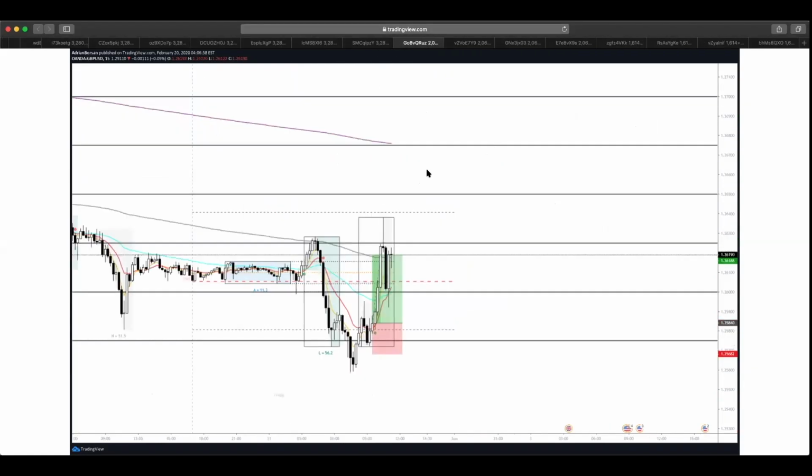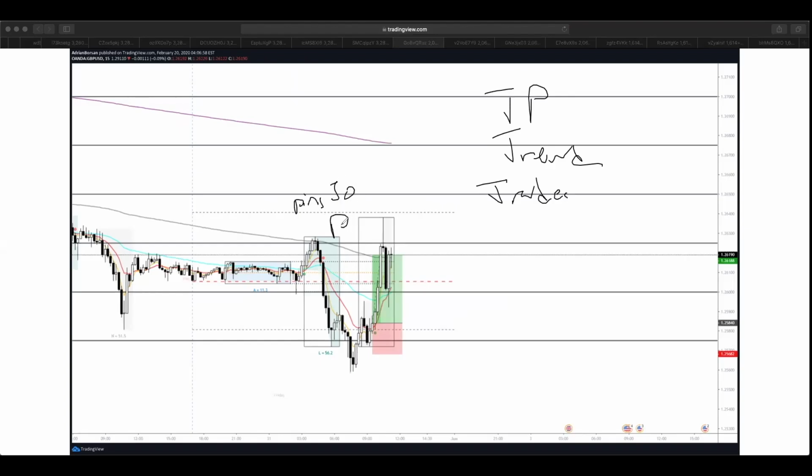All right, any questions regarding EMAs? None at all, we're good. So we understand what we're using them for, how we're using them: take profits, trend direction, and trade setups to push price down. Pins to the 50, pins to the 200, pins to the 800.